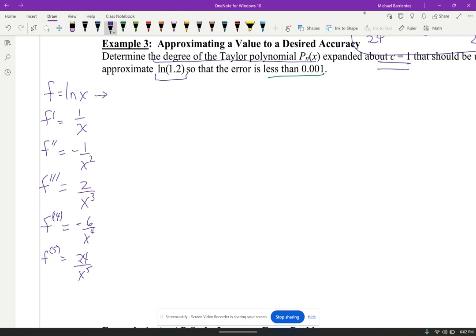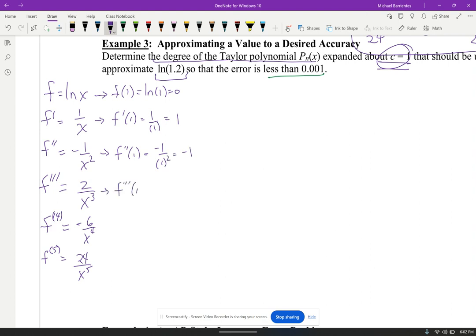So let's see, f of, now wait, what number am I supposed to substitute? I'm supposed to substitute my center. So my center is 1. So the natural log of 1, that's 0. And then f prime of 1, that's 1 over 1, that's positive 1. F double prime of 1, that's negative 1 over 1 squared, that's negative 1.